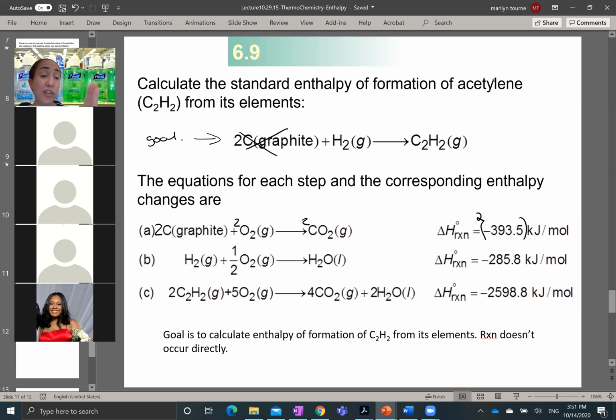We have to make it look exactly like the goal. So what do you want to take care of first? Because we have to take care of 2 things. Do you want to bring it on the correct side first? Yes. Okay, so that means I rewrite this: the 4CO2 is on the right, so I'm going to flip it. 4CO2 plus 2H2O goes to 2 moles of C2H2 plus 5O2 gas.